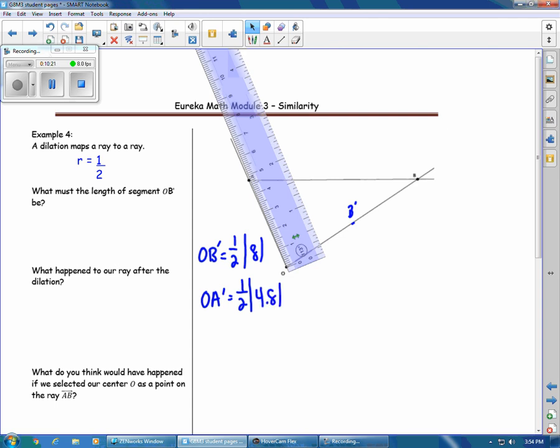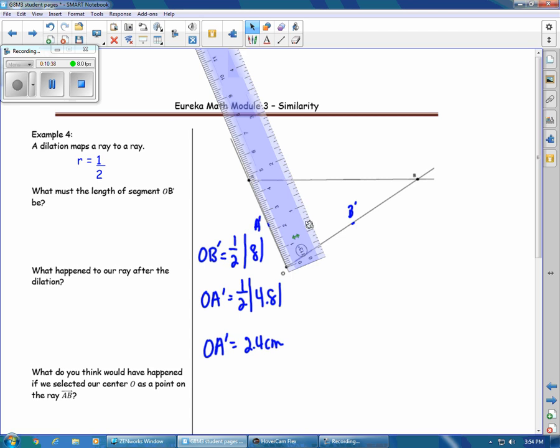So 1/2 times 4.8 will be 2.4. So OA prime is going to be 2.4 centimeters. That's going to be my A prime.